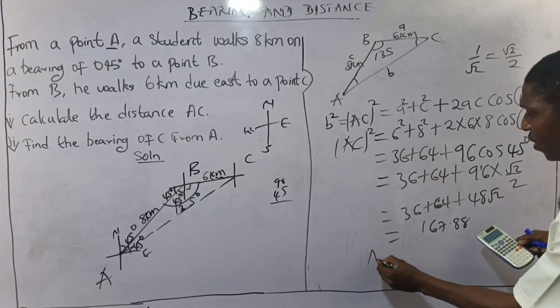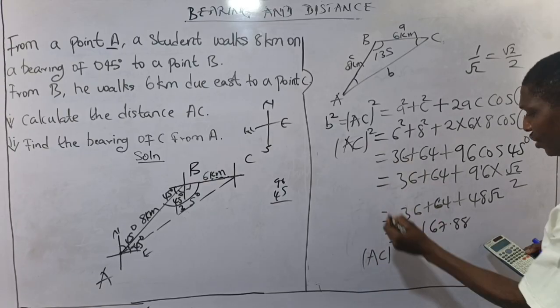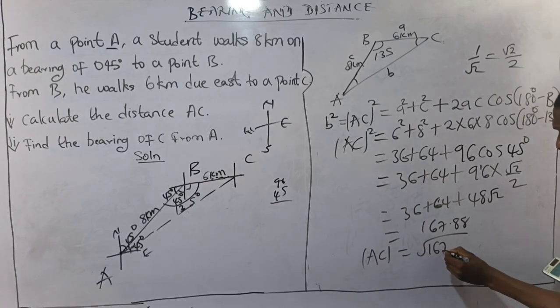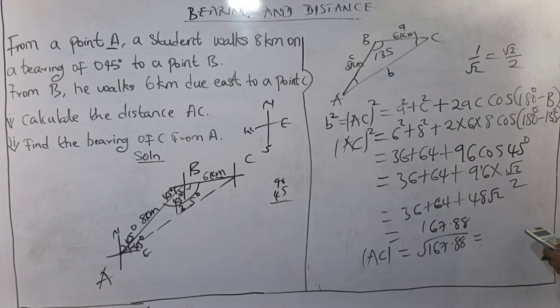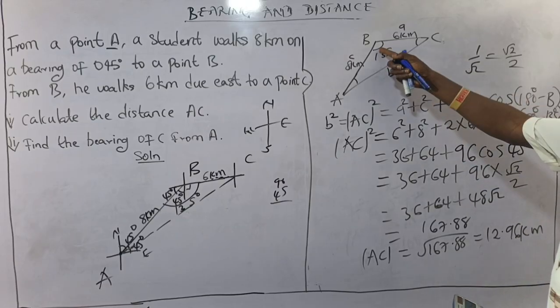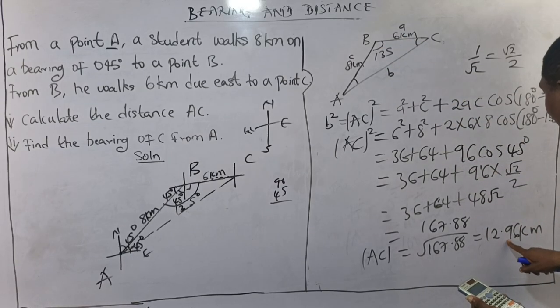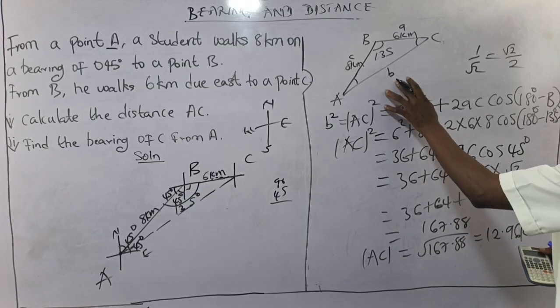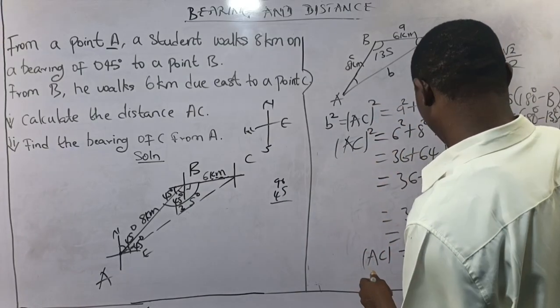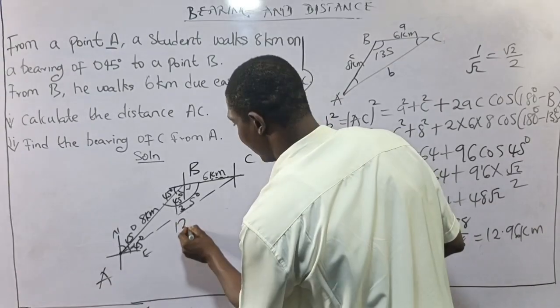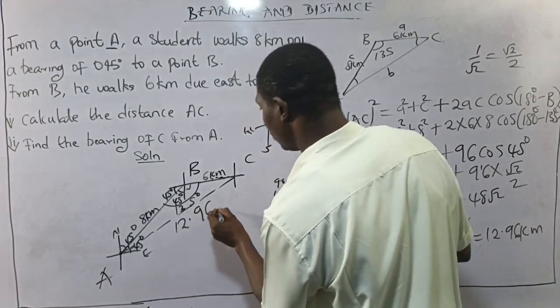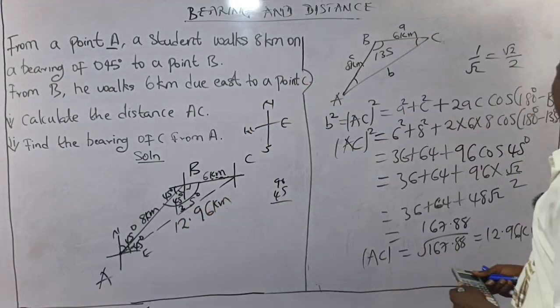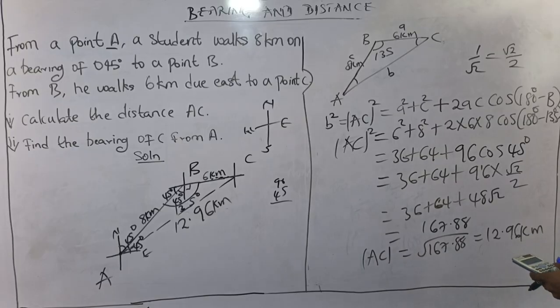And if I take the square root of this, the square root of 167.88 will give me 12.96, which units? Kilometer. And remember, this angle is the biggest angle, so it goes with the biggest side. So I've gotten my AC to be 12.96 kilometers.